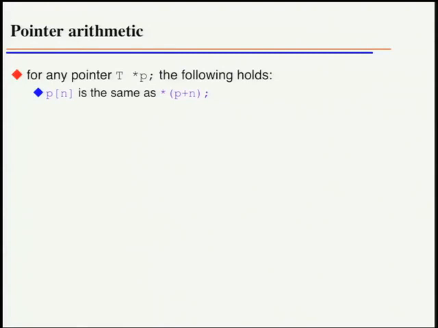So if p points to the start of an array, you can get the nth element with the bracket notation p sub n, or just by adding n on top of the address and then dereferencing the resulting address.